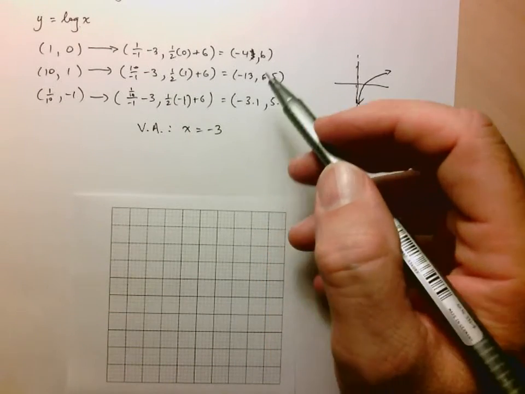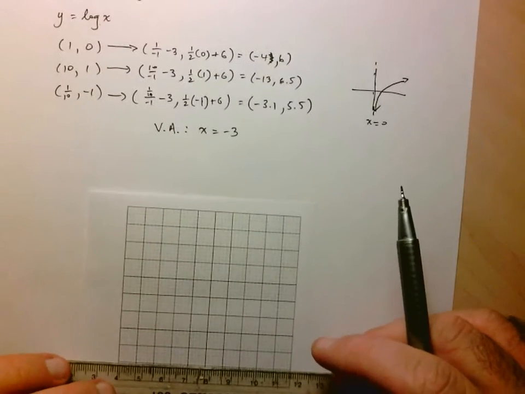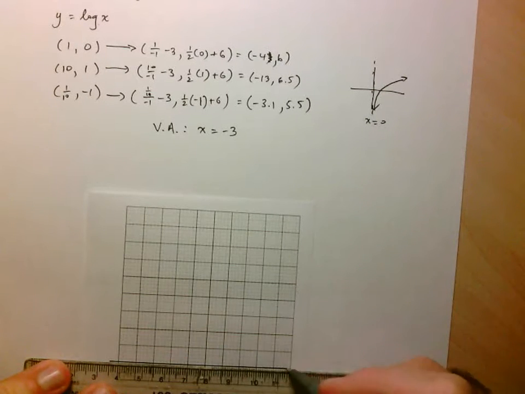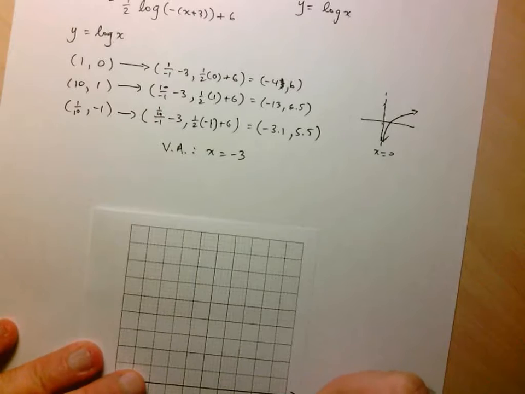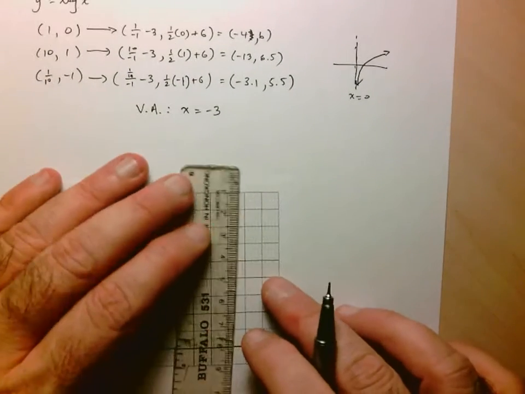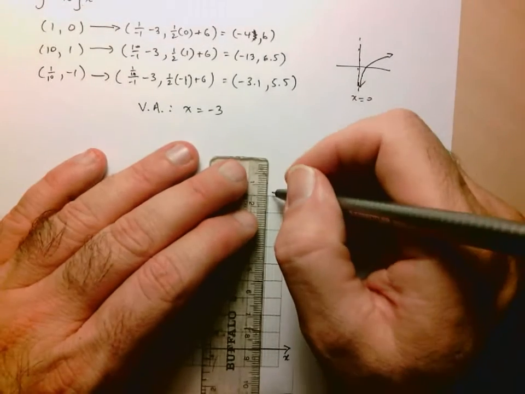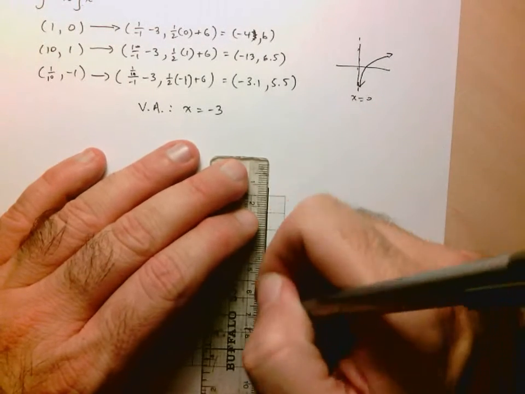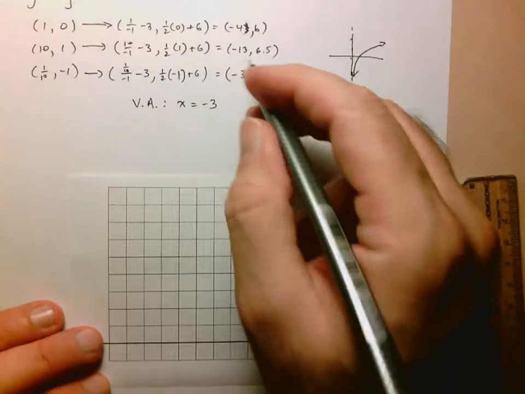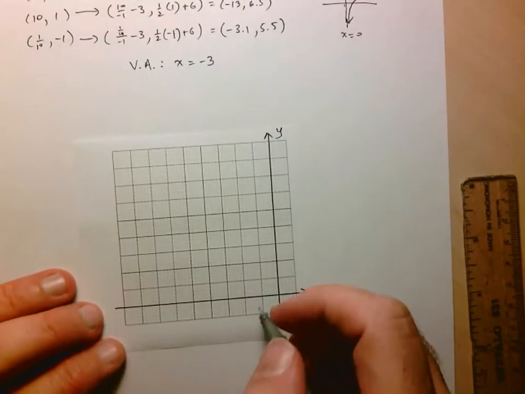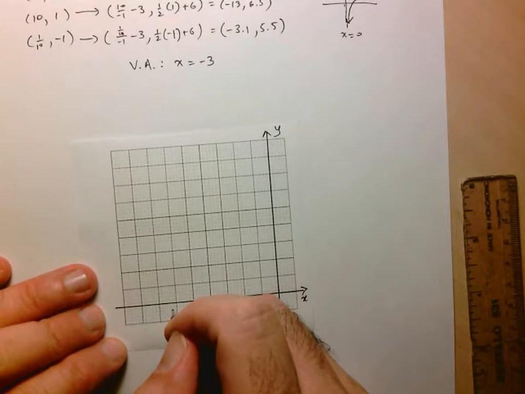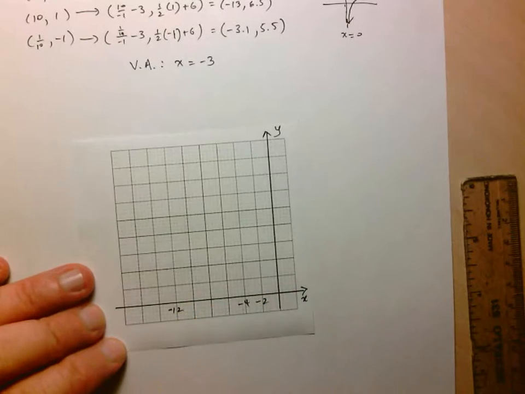So I'm going to put my x-axis quite low, and I'm going to put my y-axis pretty far to the right here. Since I have to get to -13, I'm going to go by 2's here: -2, -4, -6, -8, -10, -12. So let's put that there.